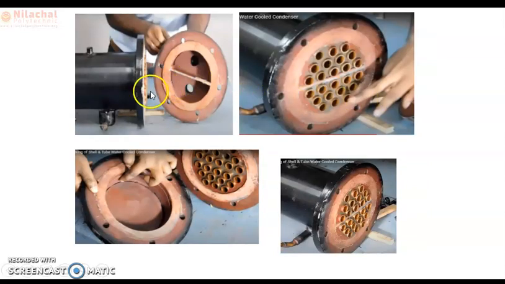Here you observe the inlet of water and the outlet of water, and generally this is the cold water and this is the hot water. And this is the baffle, which separates the hot water and the cold water. And these are the tubes through which water will be circulated.